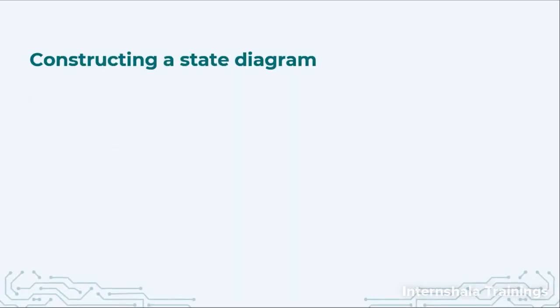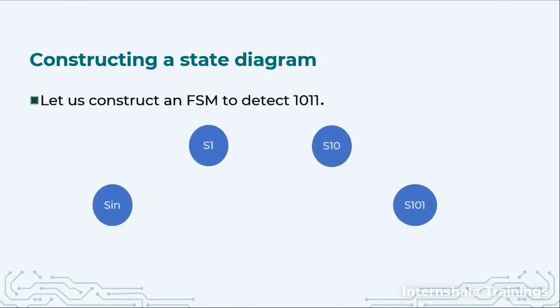So let us construct the state diagram for the same pattern that we had detected earlier. So we are having our states S initial, S1, S10, S101. We are not having S1011. Why? Let us see whether these 4 states should be sufficient or not. So first of all, when we are at S initial and the input is 1, we will traverse to S1, and if the input is 0, we are going to come back to same state, that is S initial.